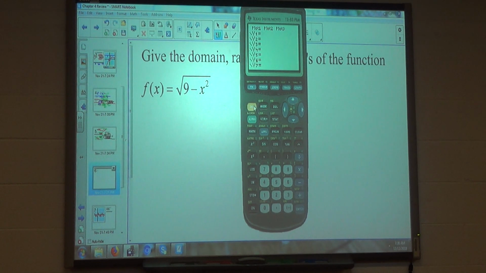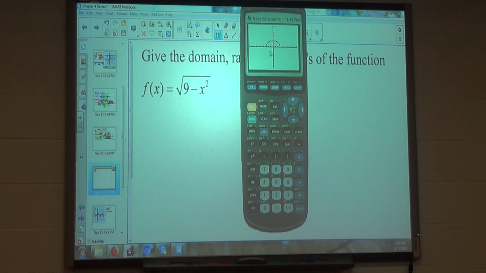And let's type it in. So we got the square root. Oops. So second square root of 9 minus x squared. Okay, and then hit graph.